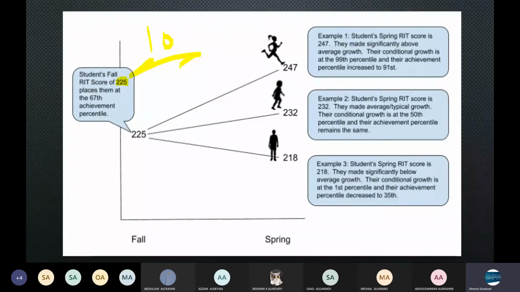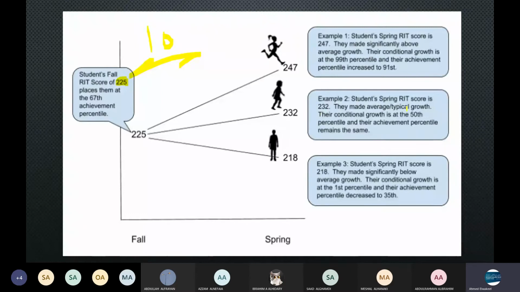Like example number one, the student's spring RIT is 247. They made significantly above average growth, so their conditional growth is at the 99th percentile, and their achievement percentile increased to 91st. For example number two, the student's spring score has become 232.